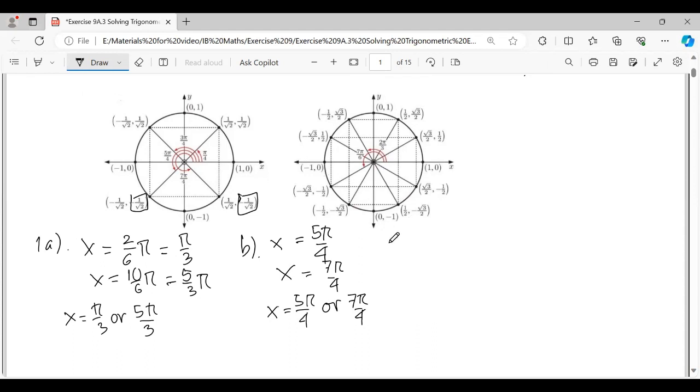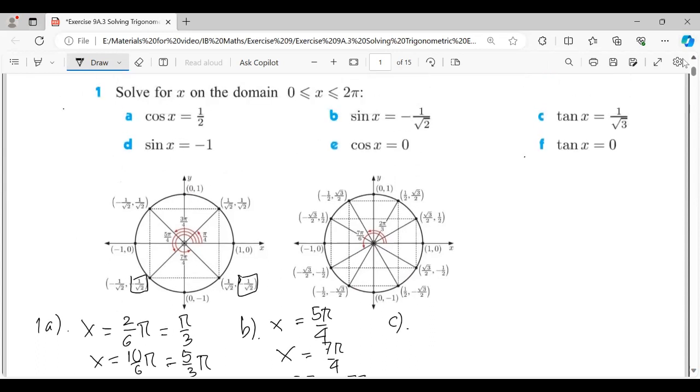C. Tangent x equals 1 over square root 3. It means tangent x equals sine x over cosine x.